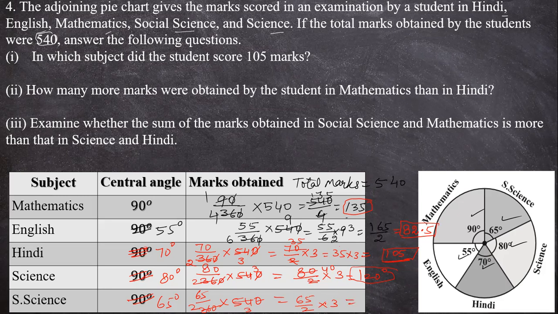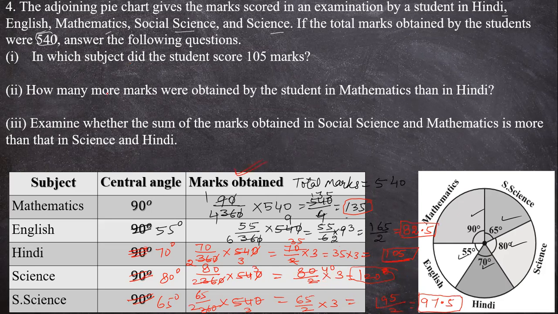So 5 threes are 15, 1 carry, and 6 threes are 18 plus 1, 19. So 195 by 2, which is 97.5 marks. Okay, it is not degrees. Wherever I said degrees, it's wrong. It's marks. Basically, we are calculating how many marks were obtained.